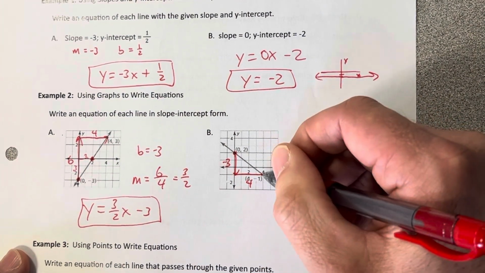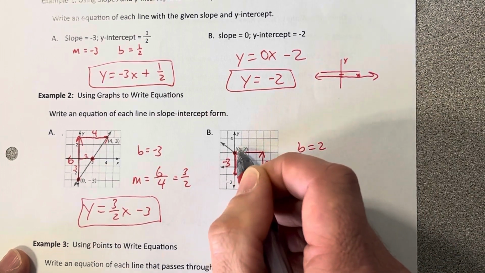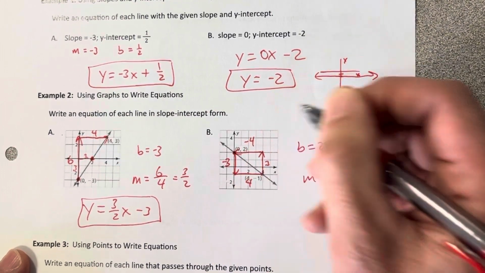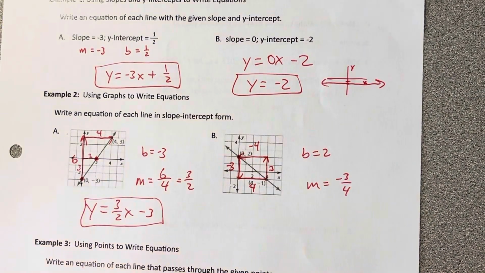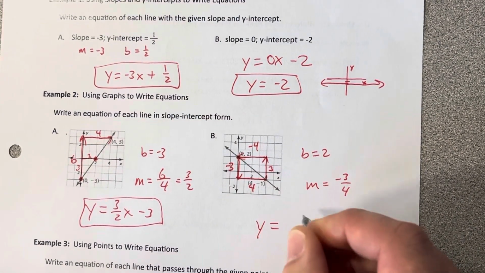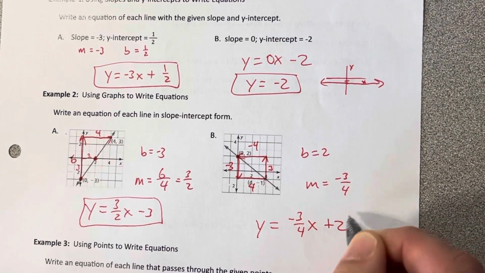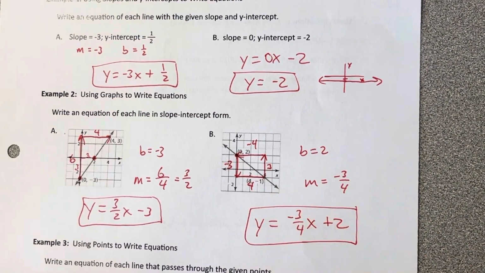Well, yeah, that would work too. You go up 3, but then you got to go left 4, and left means negative 4. So either way you slice it, you're going to have a negative slope here. And you've got y equals negative 3/4 x plus 2, like so.